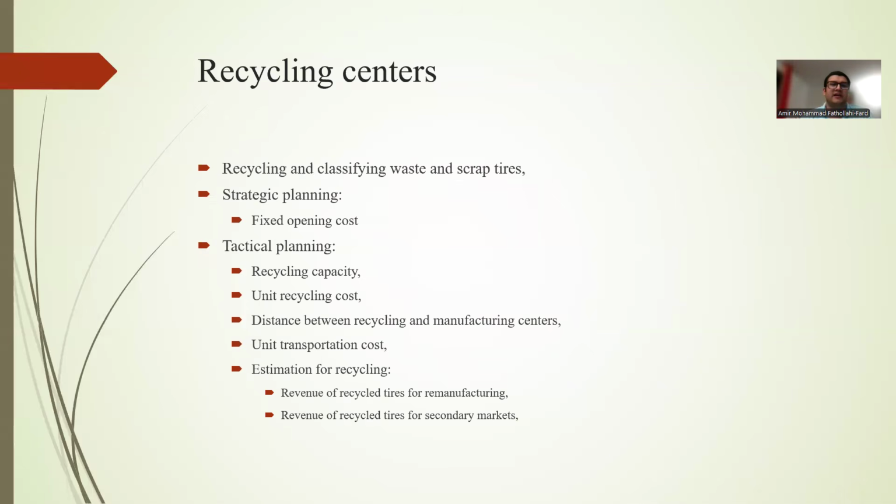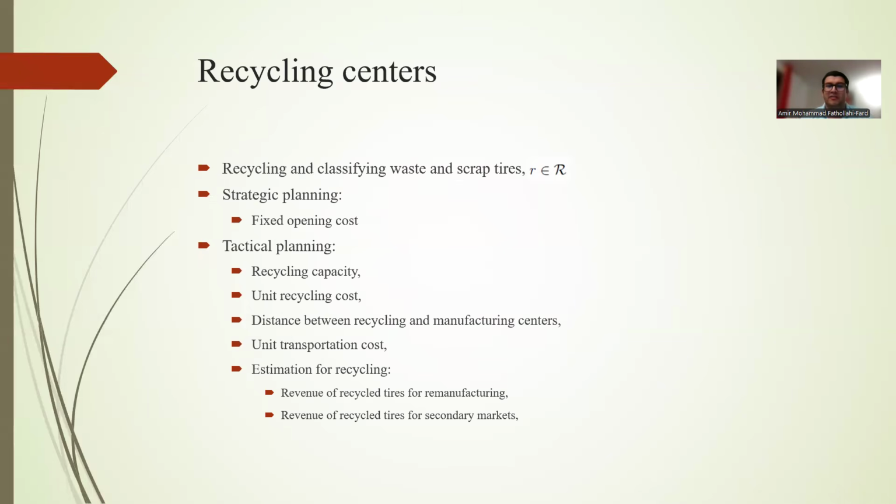Recycling centers are the heart of the closed supply chain, making this supply chain network closed and providing a circular economy to benefit from recycling.